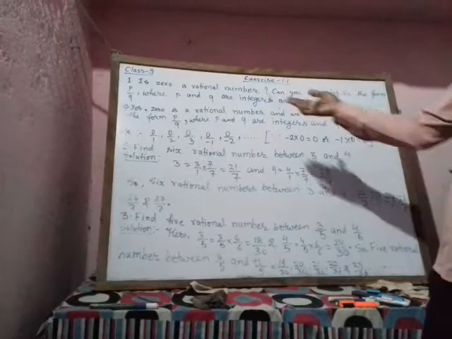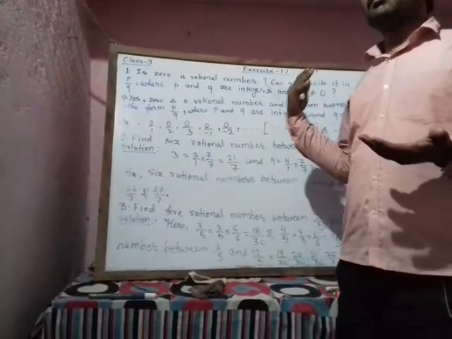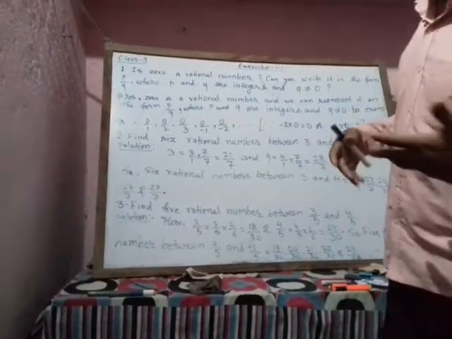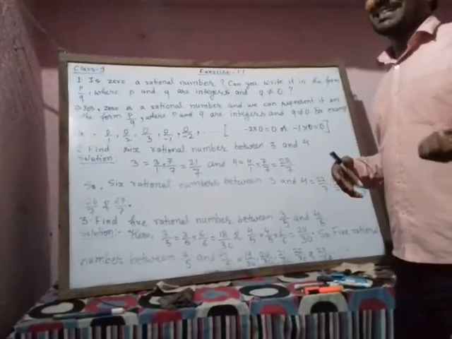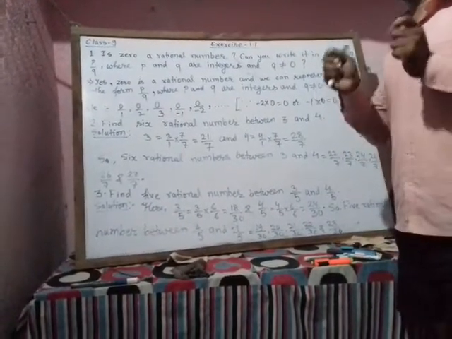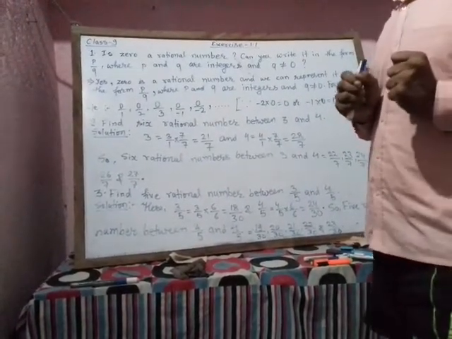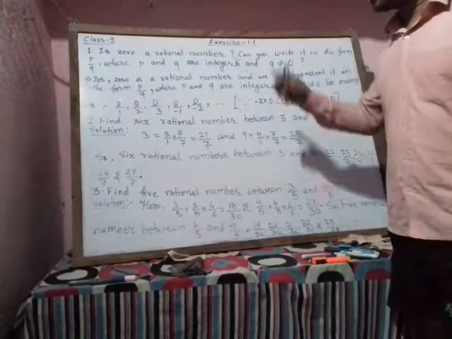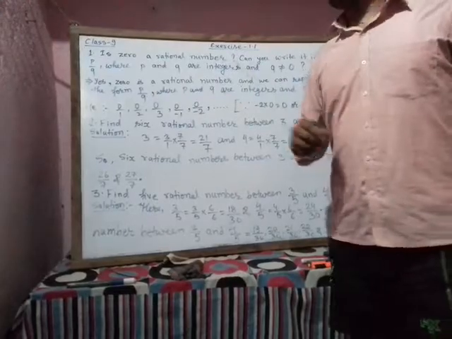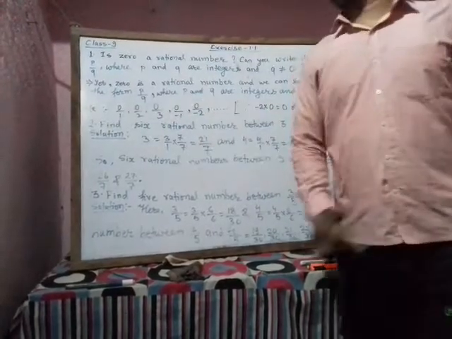So when 0 is divided by 0, the number by which it is being multiplied is not fixed. So it becomes indefinite, and we do not consider it a rational number. So in the definition itself it is clear that for being a rational number, Q should not be 0 when it is in the form of P by Q.